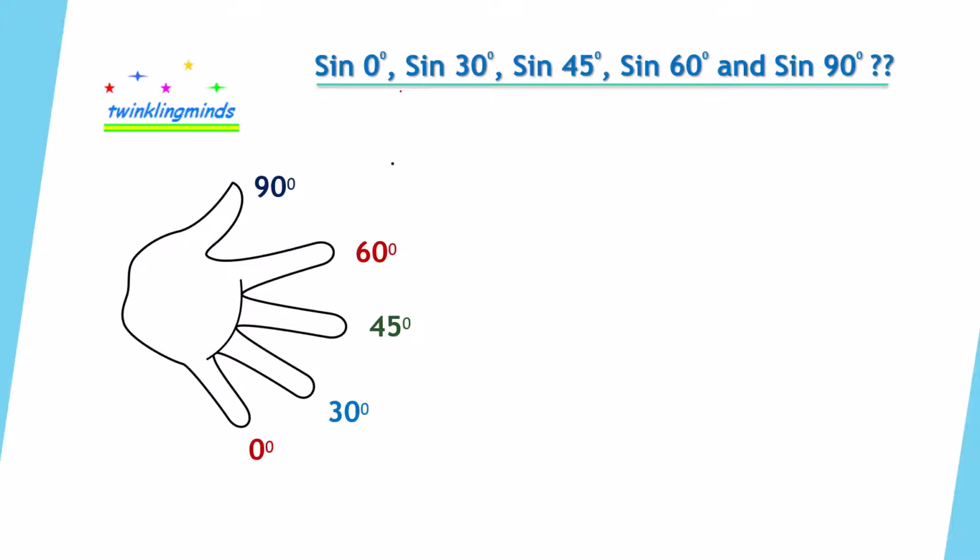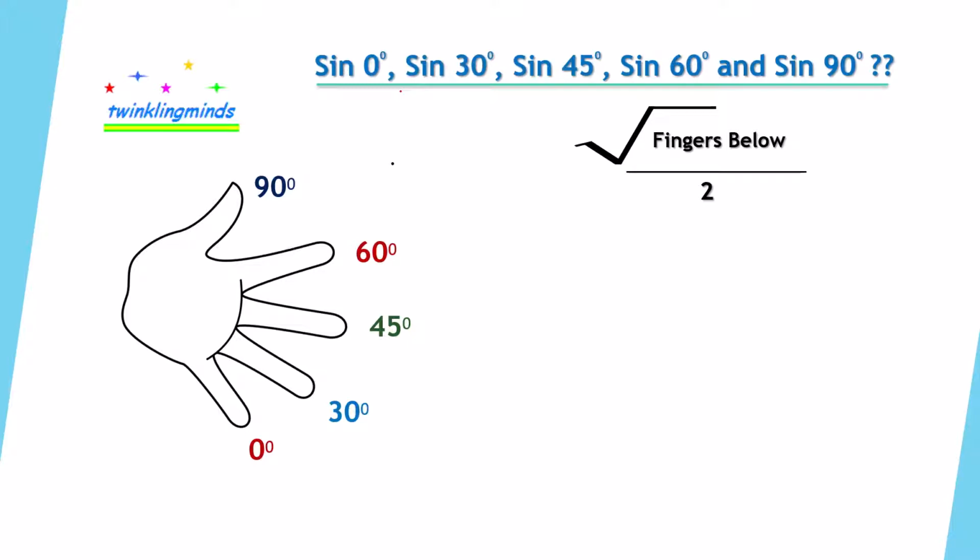So we have a formula here. For sine, what is the formula? Don't think it's a complex formula. Very simple. For sine, this formula is square root of number of fingers below the angle divided by 2.